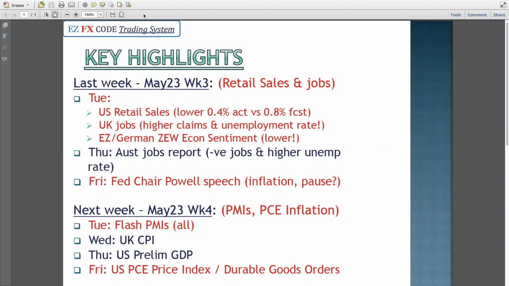Last week the only key news was the US retail sales, which came out lower than expected, 0.4 versus 0.8% forecasted. But this still gave a boost to the US dollar and drove the majors lower.